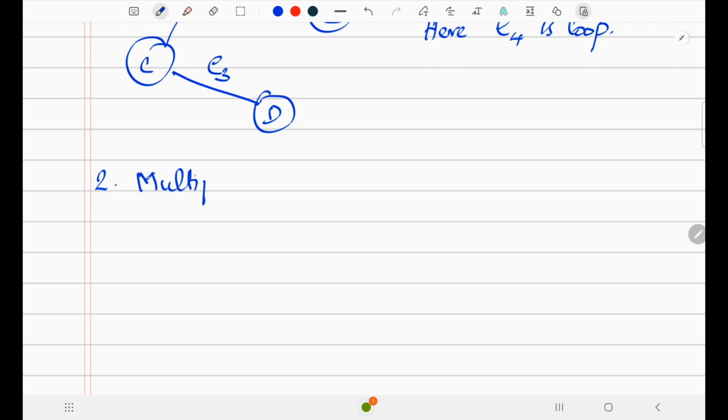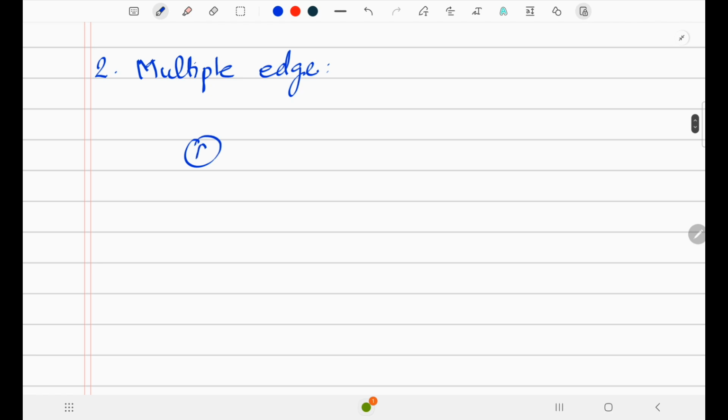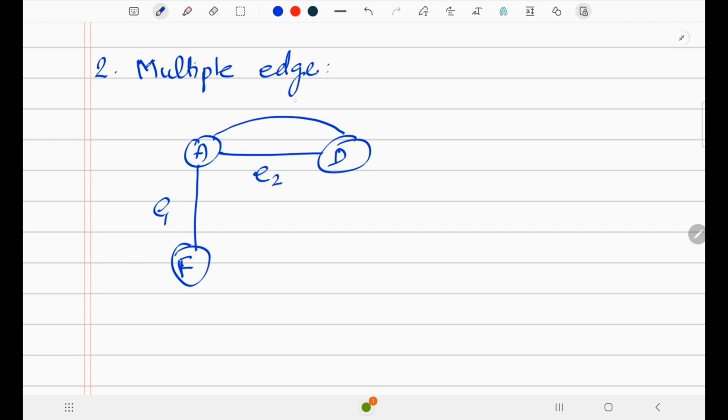Then the second is multiple edges. Multiple edges means if there are two or more edges which have the same pair of vertices as the starting and ending points, then we say they are multiple edges. Here we can see E2 and E3 share the same A and D as endpoints. So E2 and E3 are multiple edges.